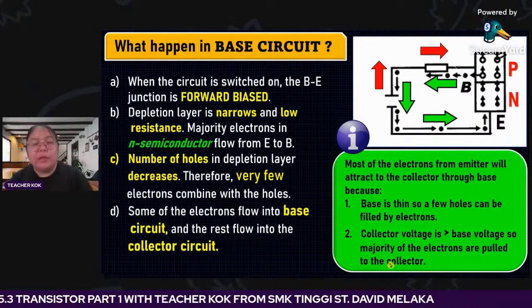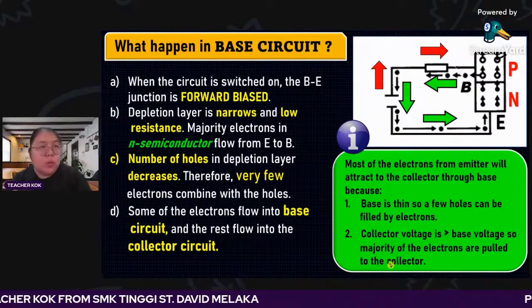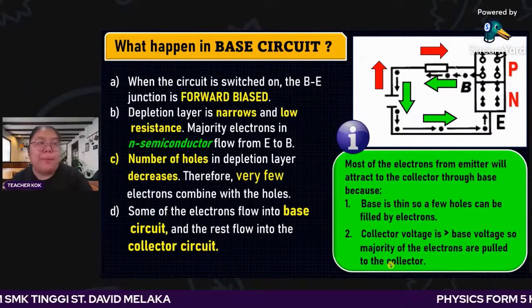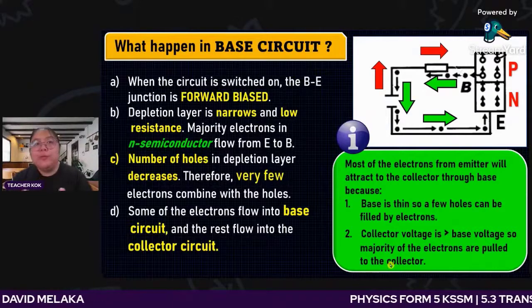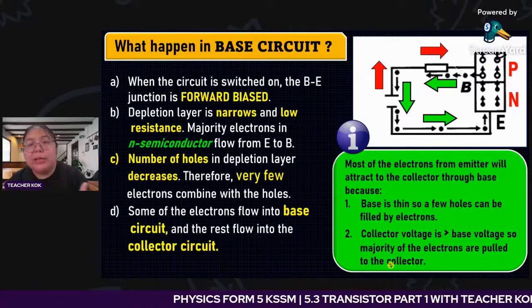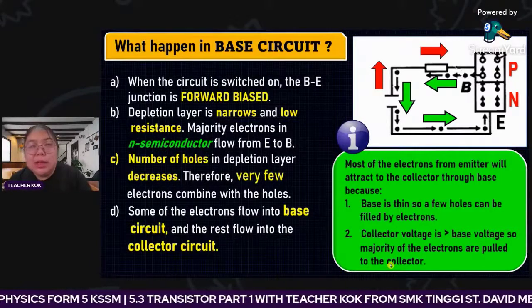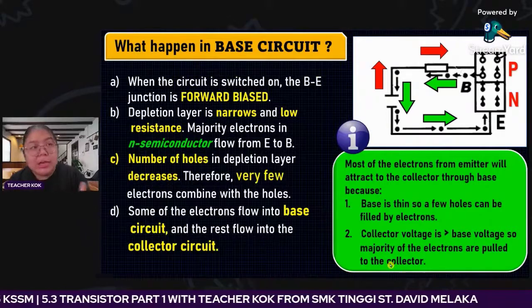When it is full of electrons, the voltage from the collector wants to pull the electrons to come. When they pull the electrons, you can imagine more electrons move in the collector. Then what happened? The current starts. The electrons must start to move first, then the current will start.